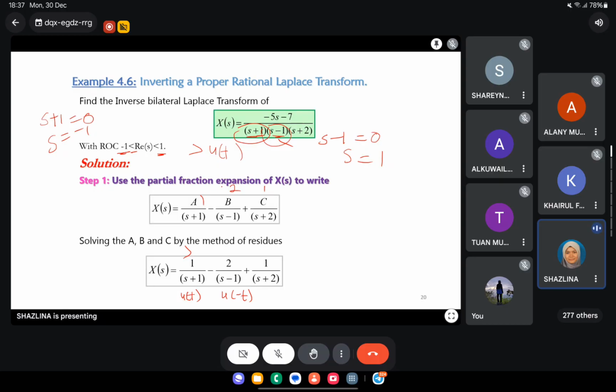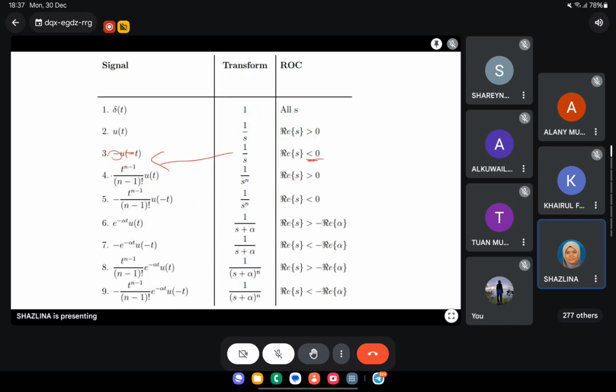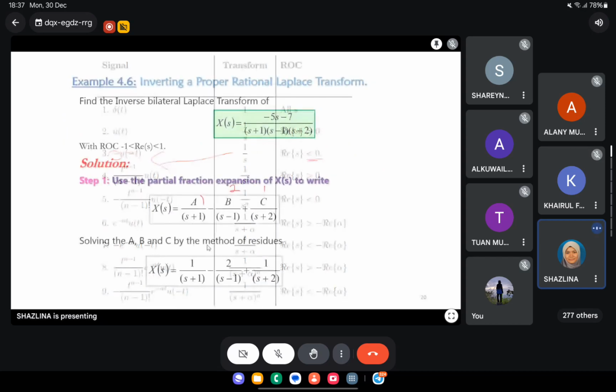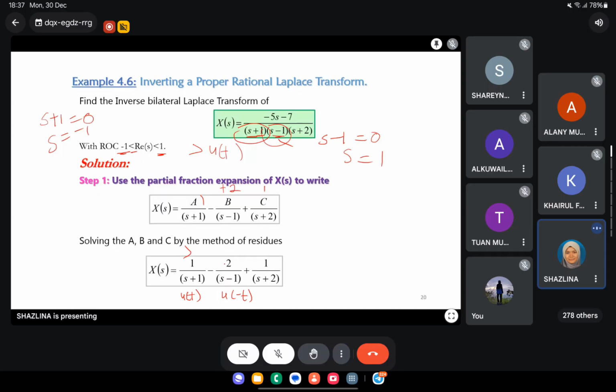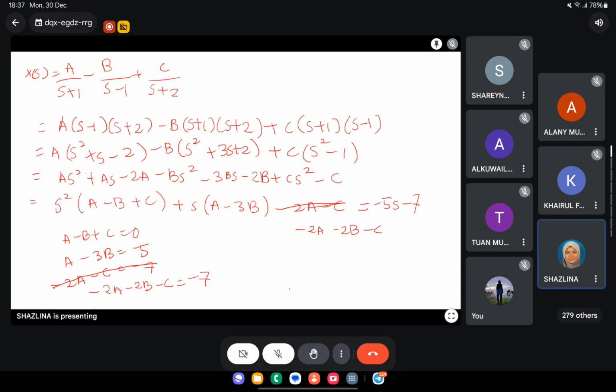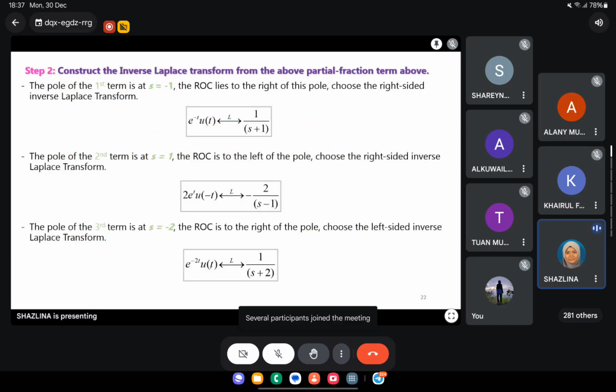So that is why the B here, we got positive 2, but since it's negative, because it's ROC tu kan negative kan ni, there's a negative at the front here. So that is why it becomes negative 2. Okay. And then for this one, we just assume it as a u(t) because dia tak bagi tahu kan.